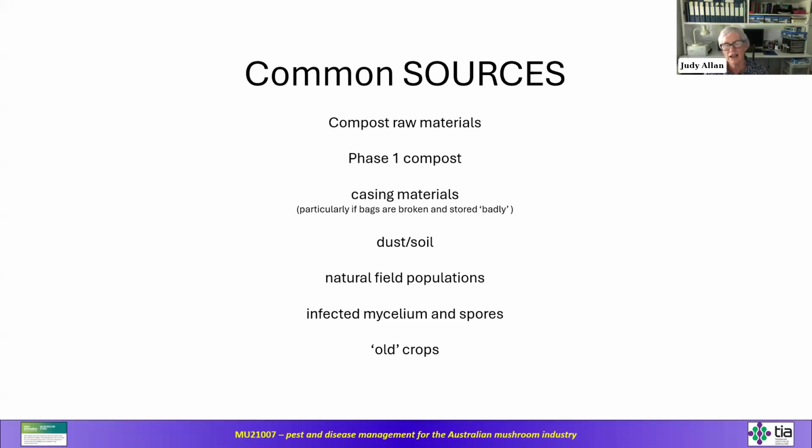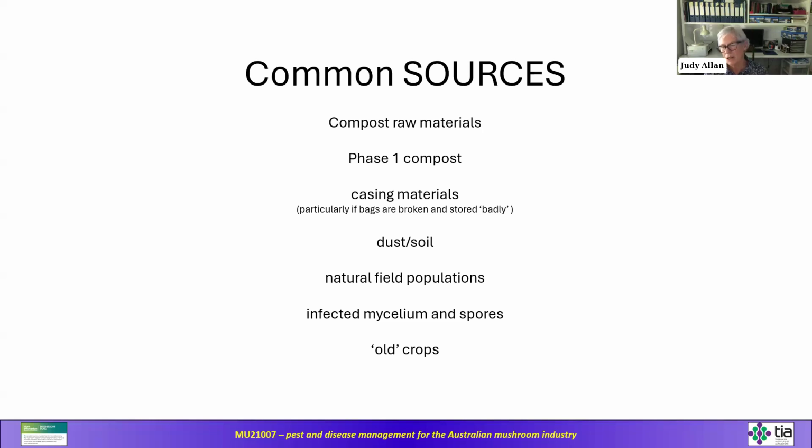And then a common source of disease is infected mycelium and spores, in particular in relation to virus, mushroom virus X and La France disease. And of course, a source of pest and disease is the old crops, and a hygiene principle is that the older the crop is, the more likely that a pest or disease is present.